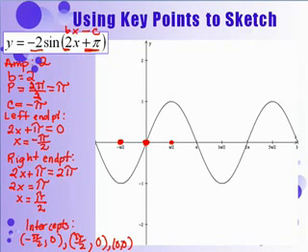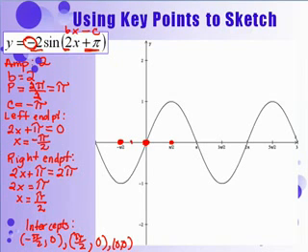Okay, now let's look at our maximum and minimum values. Normally, sine between the left endpoint and the center intercept would have a maximum, but if you look up here, we've got a negative sign, so that means we're flipped over.